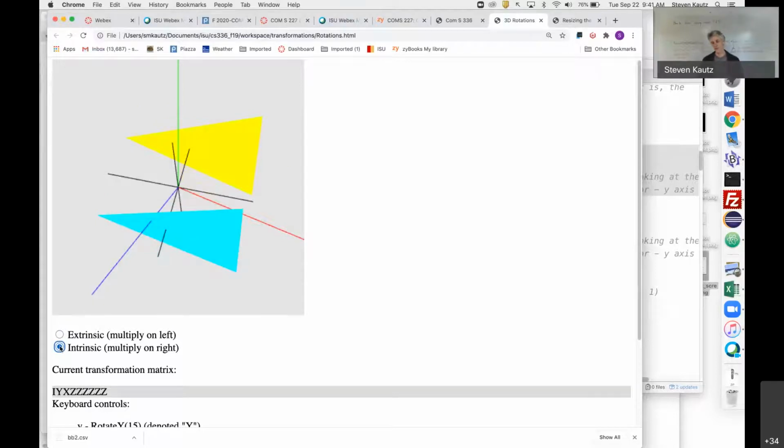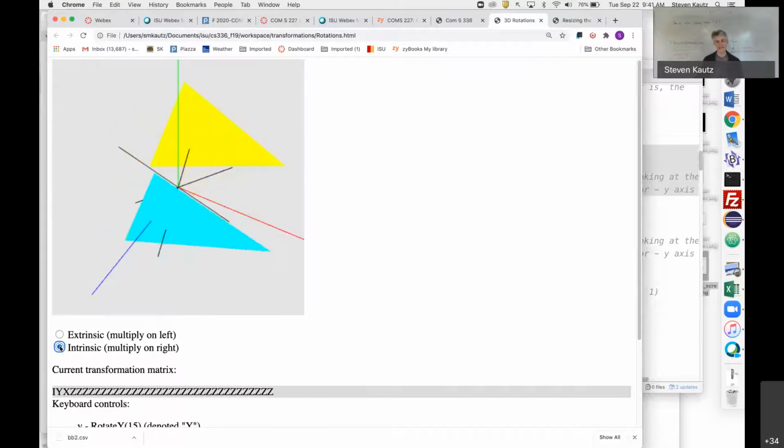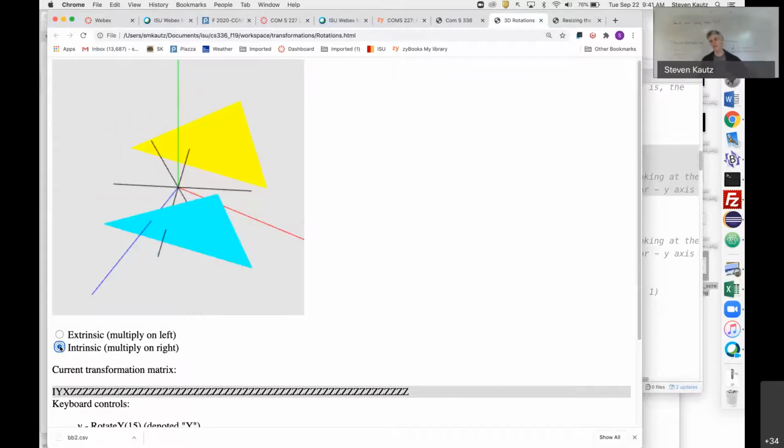And those things make sense, because when I say roll, I am rotating around my own z-axis, right? Not around some other imaginary world z-axis. And so if you look at the order of operations there, y, x, z, notice that in reality, the z is happening first, right? The roll, then the x, the pitch, and then the y, the head.